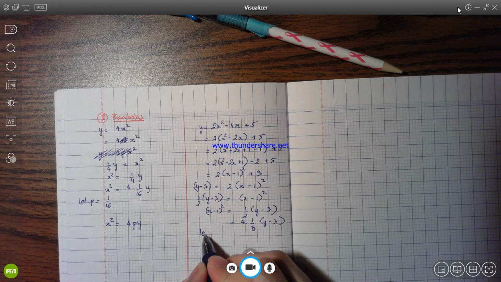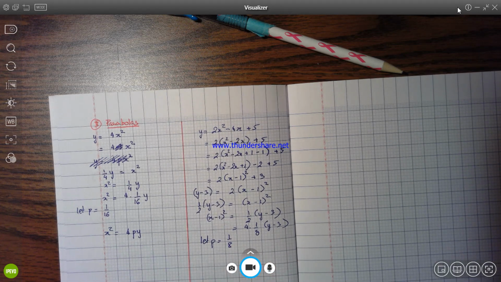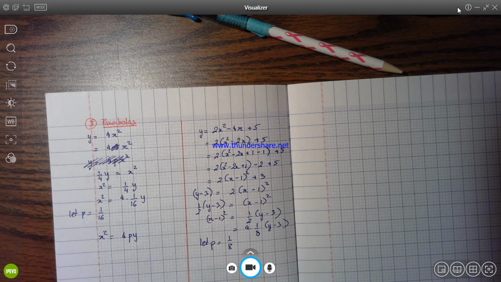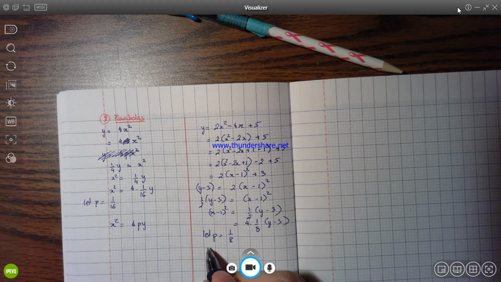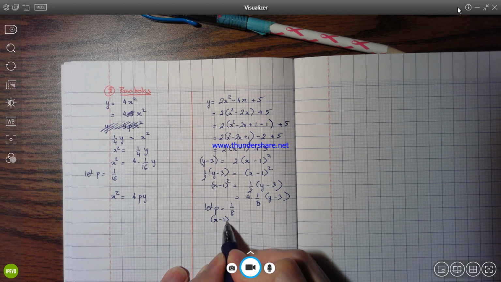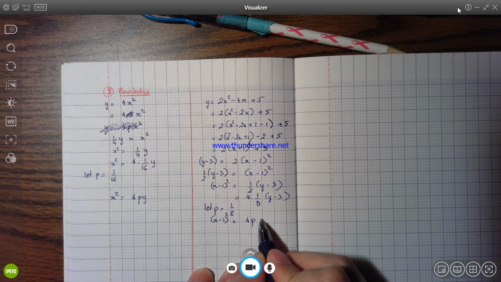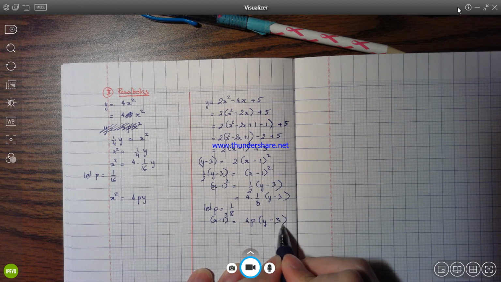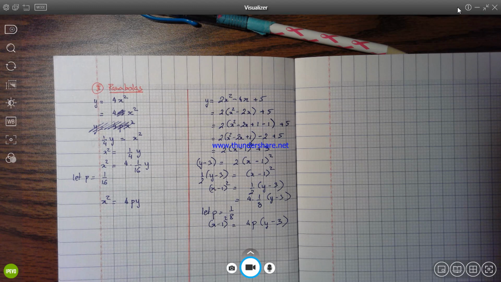So let p equal to 1 over 8. Then my equation becomes what? My equation becomes x minus 1 squared equal to 4p y minus 3. Okay, everybody's following me. All right.